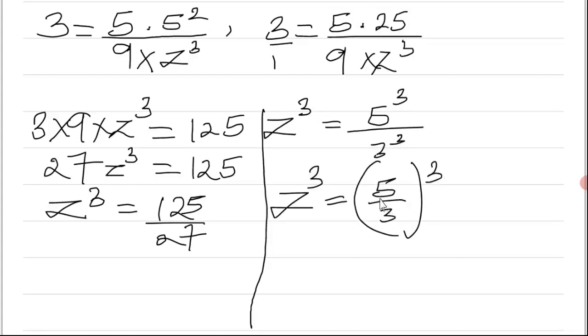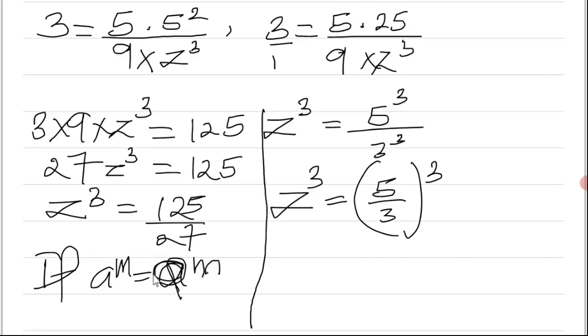As I've said earlier, in indices, if a raised to power n is equal to q raised to power n, you realize that they have the same index, therefore a is equal to q.